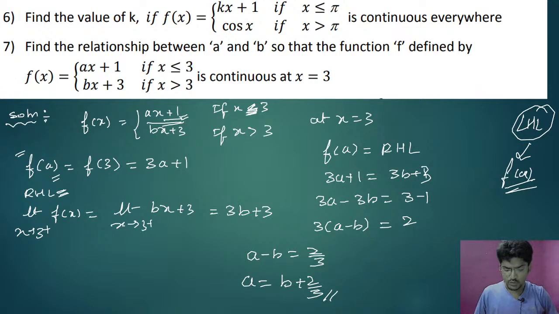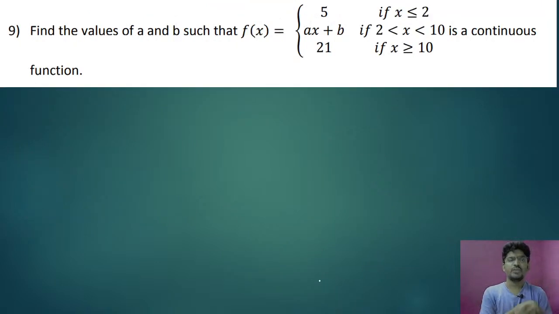When you solve these two terms, you get 3a plus 1 and here you get 3b plus 3. So from that you can simplify 3a plus 1 equal to 3b plus 3. Therefore you got a equal to b plus 2 by 3 as the relationship between a and b.